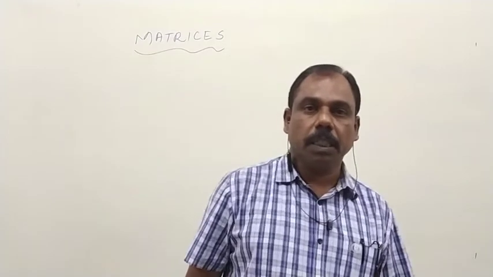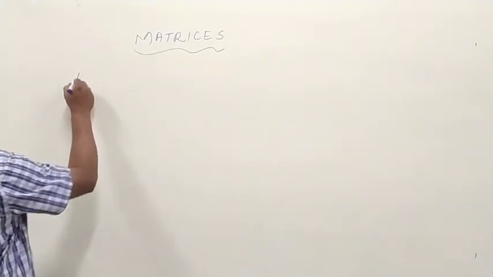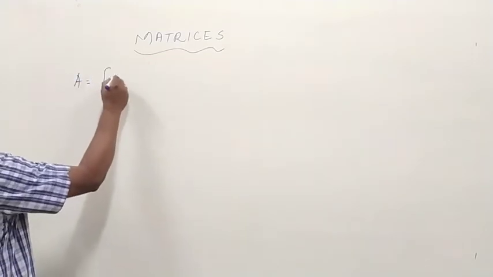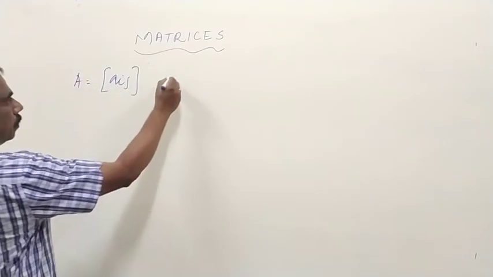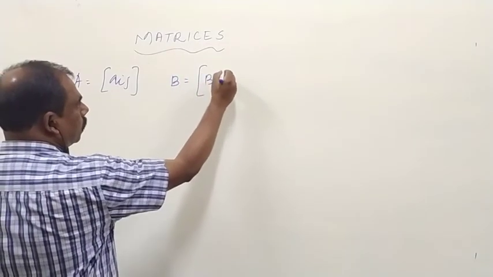Now, we look at the equality of two matrices. Say for example, we have two matrices, A in the form of Aij and B in the form of Bij.